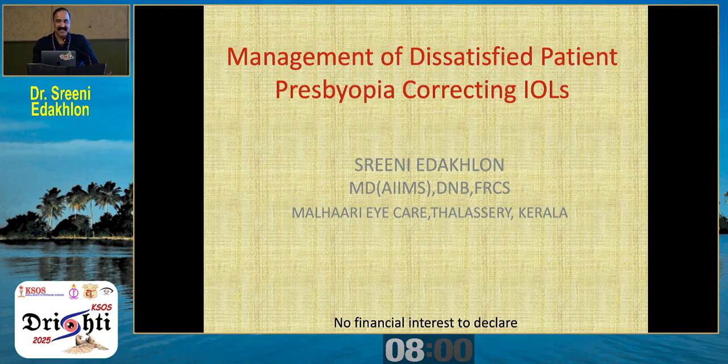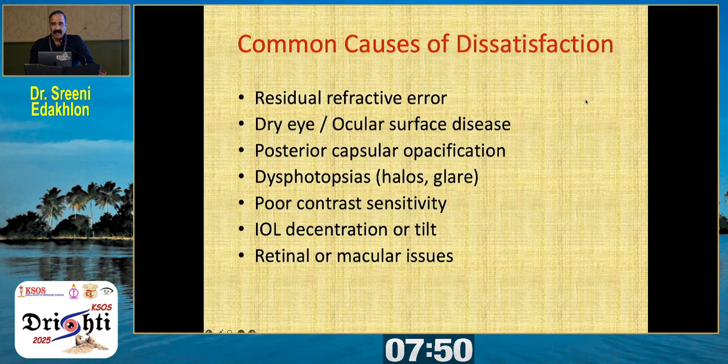Thank you, Manu. I don't think I have much to say after all these presentations, but I'll try to make some sense into this presentation. So, if a patient comes with dissatisfaction after presbyopia correcting IOL implantation, the major reason is a residual refractive error.